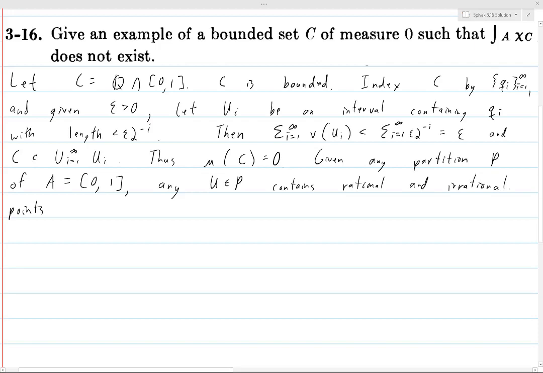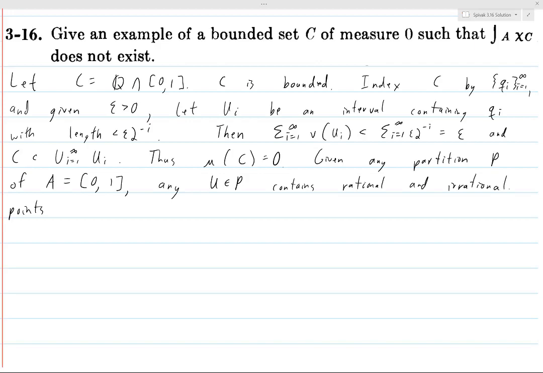Because that's a fact: any closed interval that has positive length has a rational number and an irrational number. Rationals and irrationals are dense in the reals. Have we talked about that in this course, in this textbook? We should have; it's a really important fact. I'm going to assume that we've talked about it and finish the rest of this, and then maybe come back and talk about how I would prove it if we didn't know that.